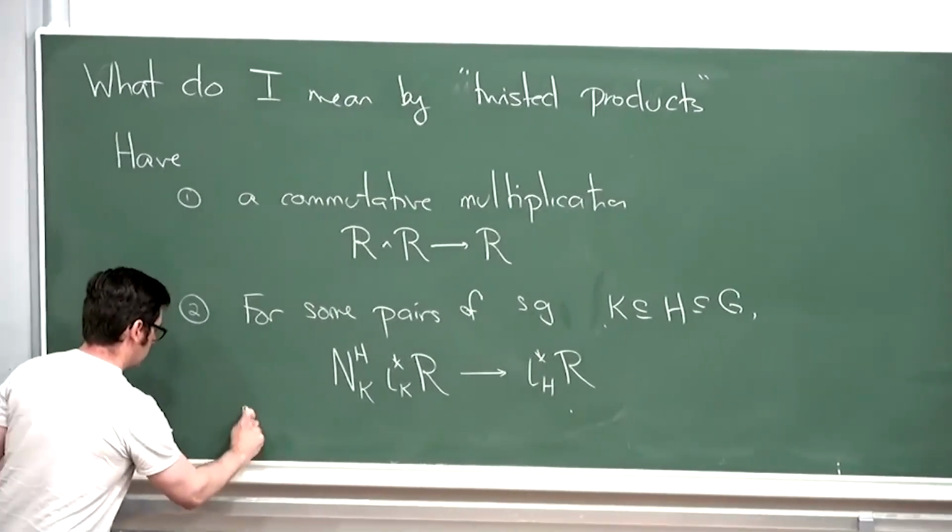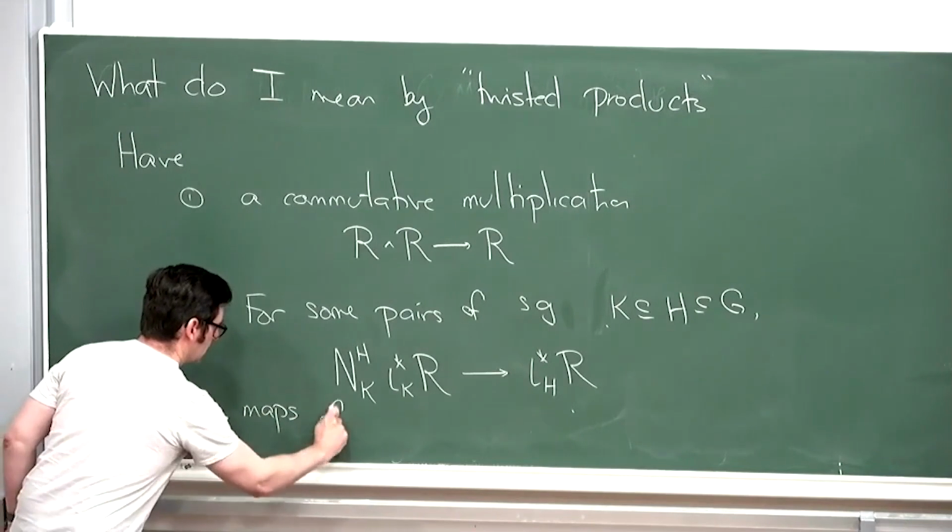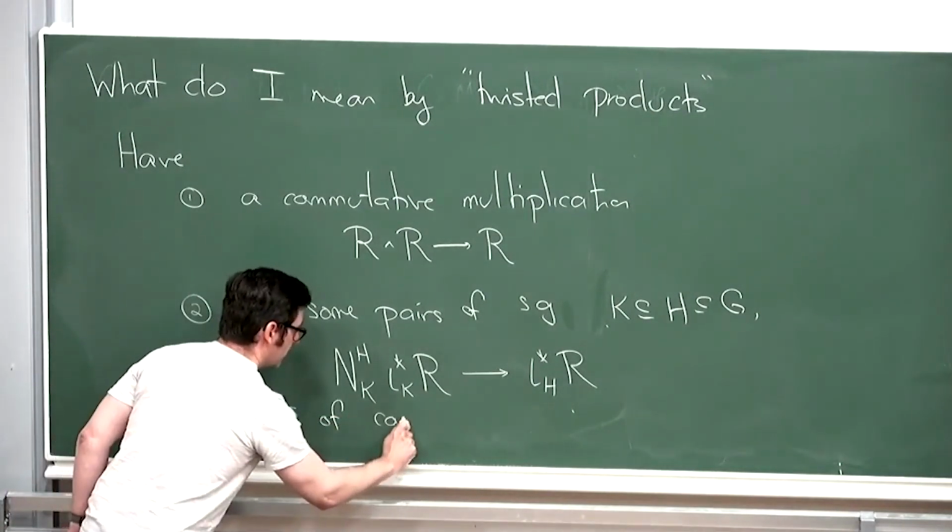These should be maps of commutative rings.